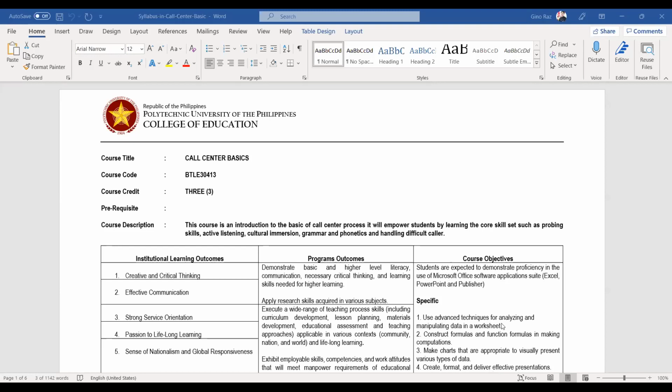I'm thinking of, para ma-excite kayo, I will show you the inductive approach. Inductive. Very specific to general rather than general to specific.